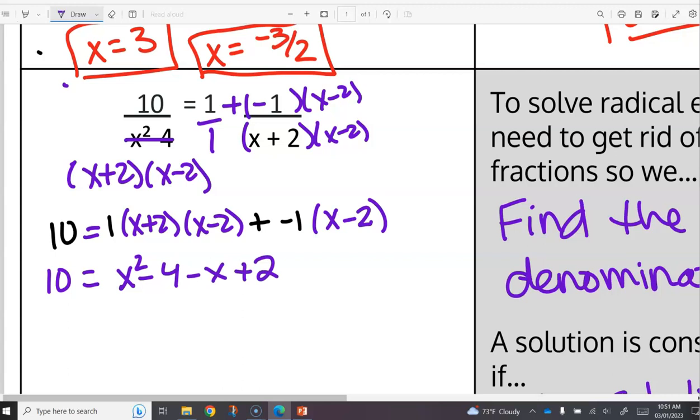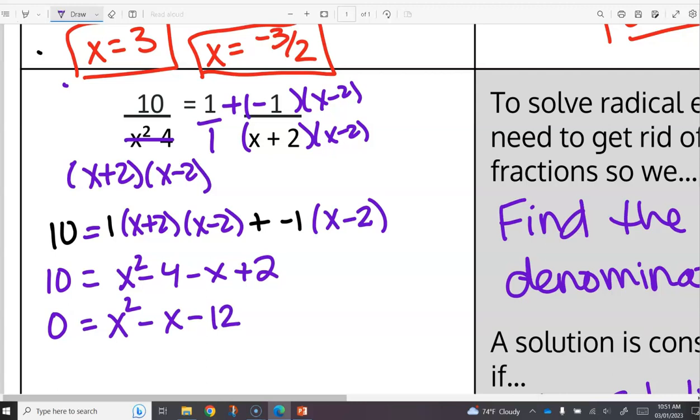We need to combine like terms and get everything moved over to one side. So I'm going to have x squared. I'm going to have minus x in the middle. What's going to be on the end? Okay, so negative 4 plus 2, combine those, and then I have to subtract 10 over, so this should have a negative 12 on the end.